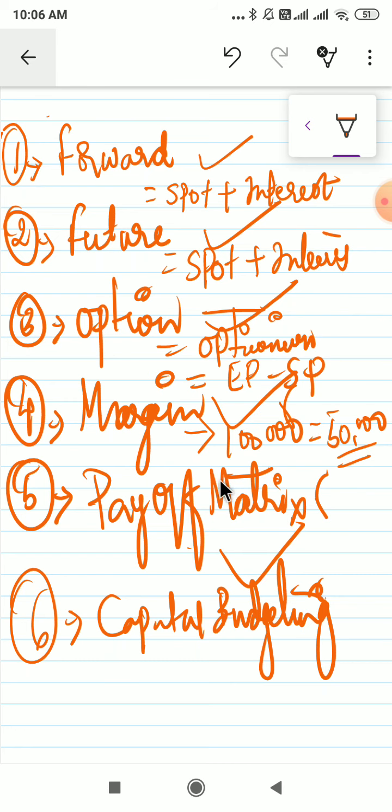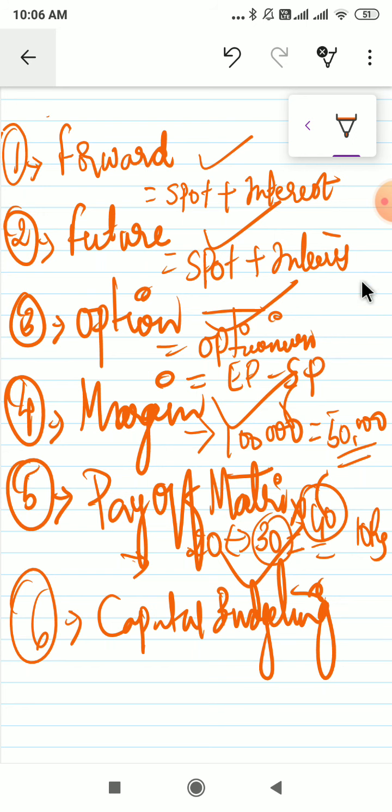For example, the spot price is 20 rupees and you are contracting for 30 rupees in a forward, future or option contract. If the price becomes 40 and the strike price is 30, then the payoff will be 10 rupees. This is how we need to calculate.